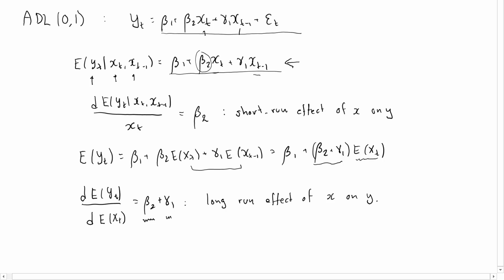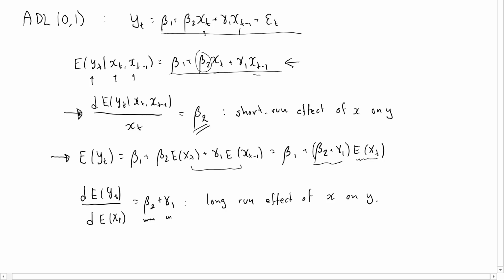These extra terms would pop up here as well, gamma 2 times xt minus 2, but when I do this derivative, which is the short run effect, they are going to go away, all of them. So beta 2 will remain the short run effect that X will have on Y in all of the ADL 0, Q models. However, the long run effect will be affected.